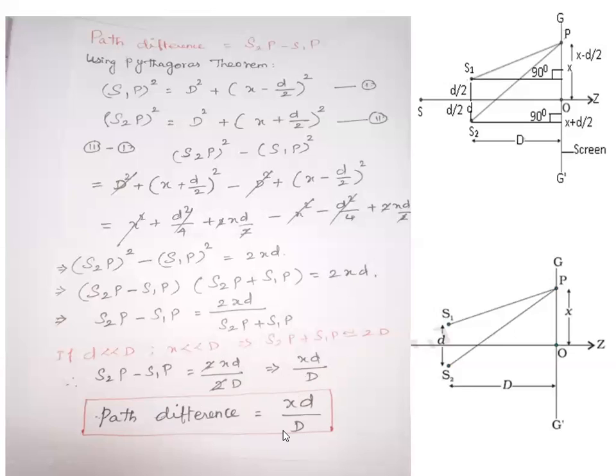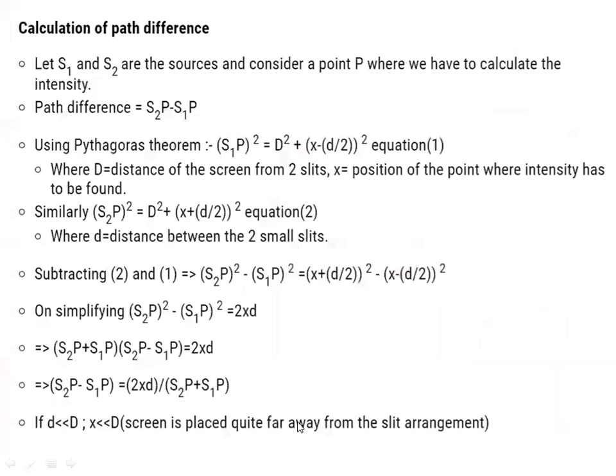Whether it is constructive interference or destructive interference, we can substitute the value and find it out. But to find the path difference, this is the way: xd by D. I hope you understand.